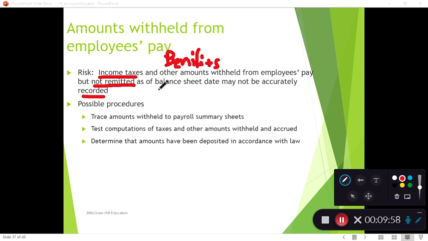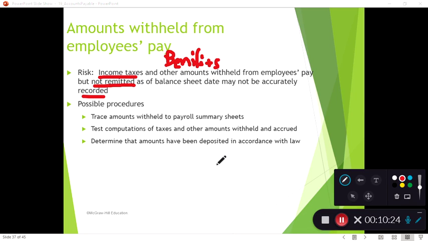So did the client pay income taxes payable? Did they pay all the Social Security and Medicare, and did they pay the 401k provider and the health insurance provider? Did they pay all those benefits out? And if they hadn't as of the balance sheet date, then it's possible that they had not recorded them as well, right?